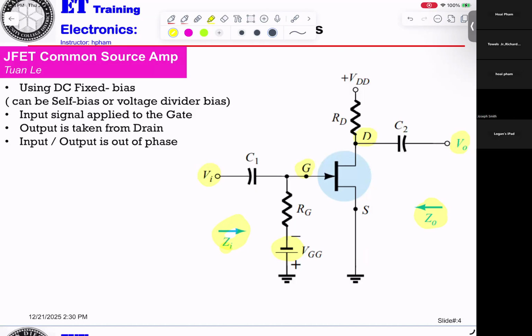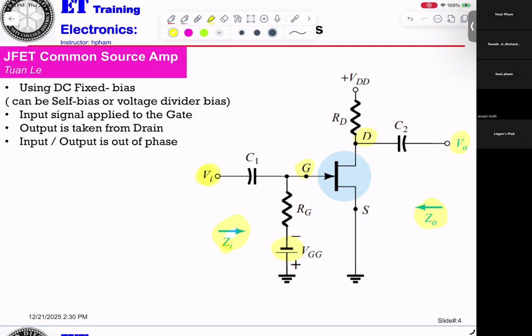Input signal applied to the gate, output taken from the drain. So the input impedance would be RG, correct? Because you got to short out the battery.